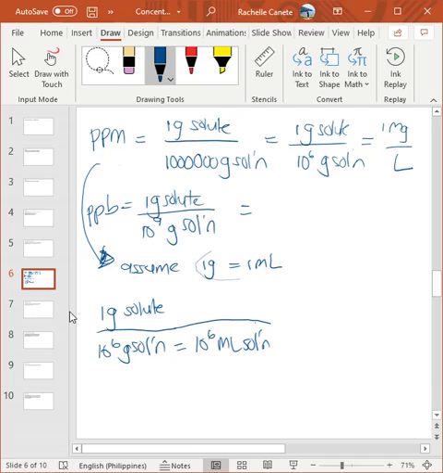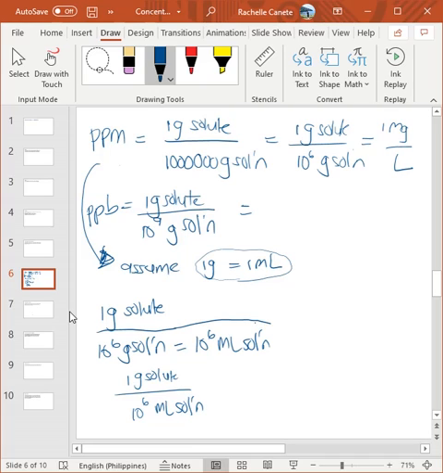Kay, gi-assume man nato nga ang 1 gram of solution is equal to 1 ml of the solution. Di ba? So, if that's the case, that means 1 gram of solute is equal to 10 to the 6 ml of solution.